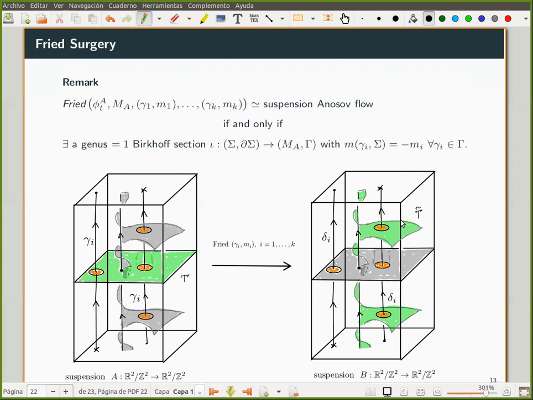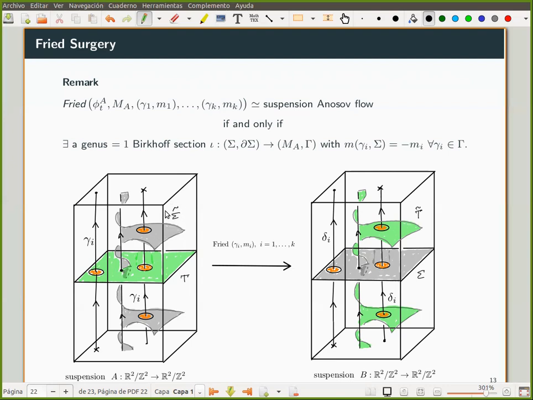And if the flow on the right is as well a suspension flow, it has a global transverse section that we call sigma. Well, when we make the surgery in the inverse sense and we come back to the original flow, this surface sigma transforms into a Birkhoff section, say sigma tilde, for the original flow.